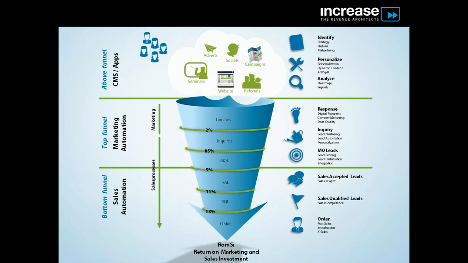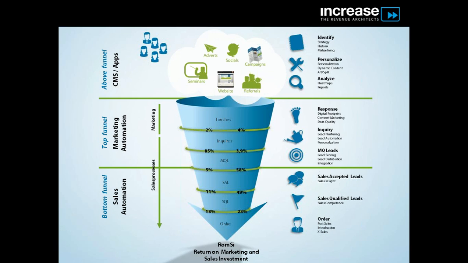So if we look at the same kind of funnel using not only lead nurturing but automated lead nurturing, these numbers change drastically. You can see that the 85% turns into about 4% now, which means a lot fewer leads are qualified from marketing.